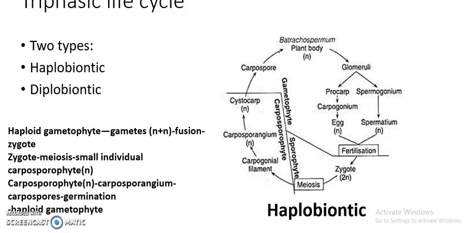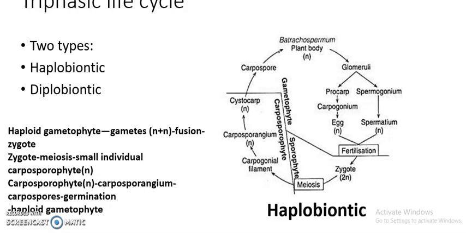As the name suggests, the life cycle is haplobiontic, that is, the dominant phase is represented by a haploid and multicellular gametophytic plant, and since it is a haploid gametophytic plant, it produces gametes, that is, male gamete of N chromosome number and female gamete of N chromosome number, both of them fuse to produce a diploid zygote.